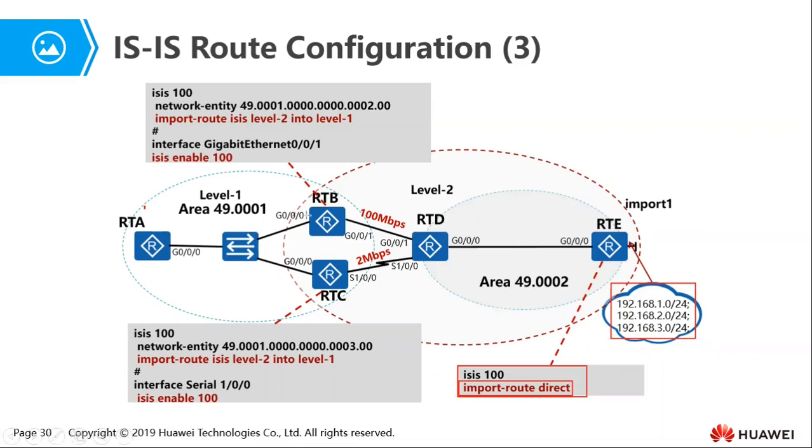Then the other thing we said is we want to ensure that when RTA is accessing area 2, it accesses it through RTB and not through RTC. How can that be achieved?